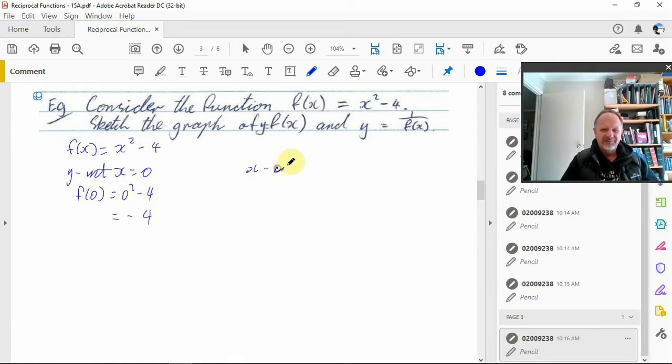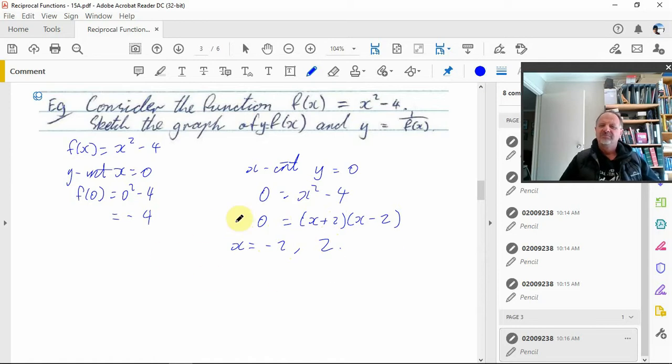X-intercepts: y equals 0, so 0 equals x squared minus 4. Alright, so what we can do is recognise that's a difference of squares. So 0 equals (x plus 2)(x minus 2). And then, of course, null factor law says that x is going to be negative 2 or 2.